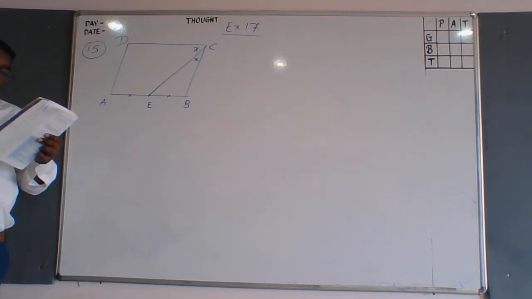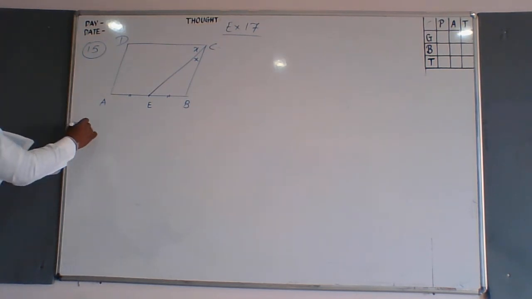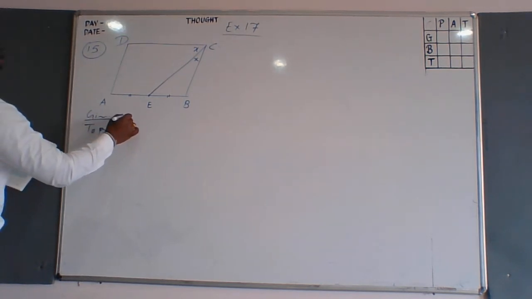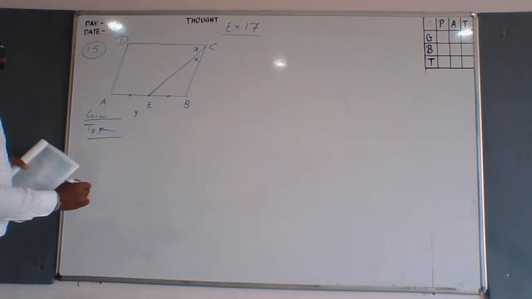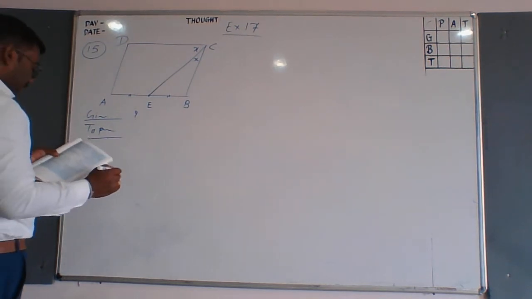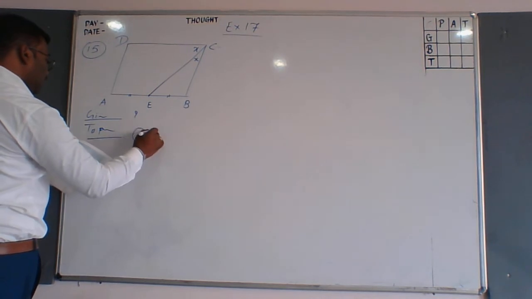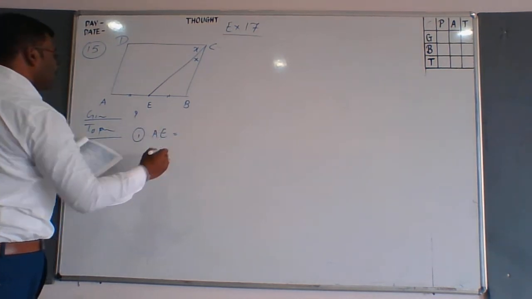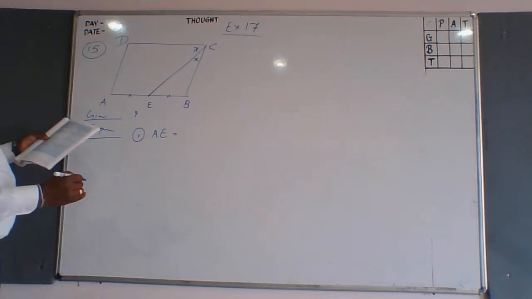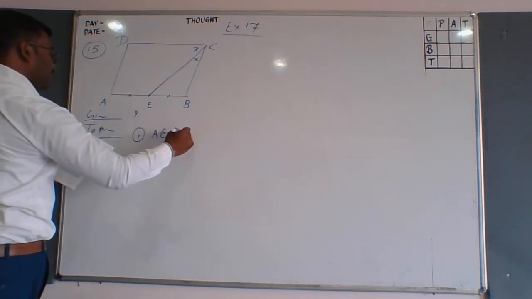Then prove that. We want to prove. Given, you will write on your own from the question right now. Then given, yourself to prove. So here we want to prove three things. The first, we want to show that AE equals AD.